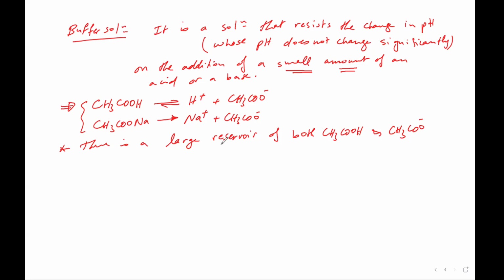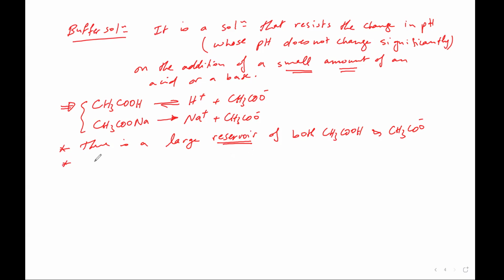If you do not remember the word reservoir, it doesn't matter. Say there is a large amount of both ethanoic acid and ethanoate ion, but they usually use the word reservoir. But if you don't remember it, say a large amount, okay?